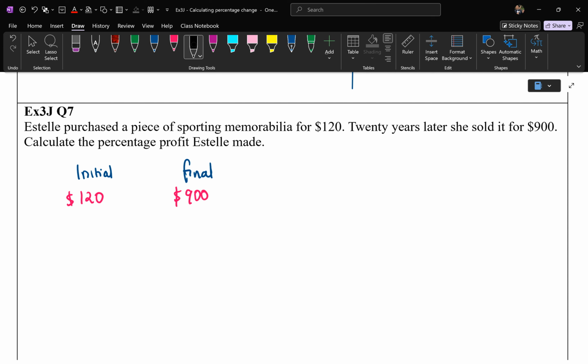Let's work out the change. The change is your final minus what you started off with. So you're trying to work out what 900 minus 120 is, and what is 900 take away 120? Let's go with Charlie.